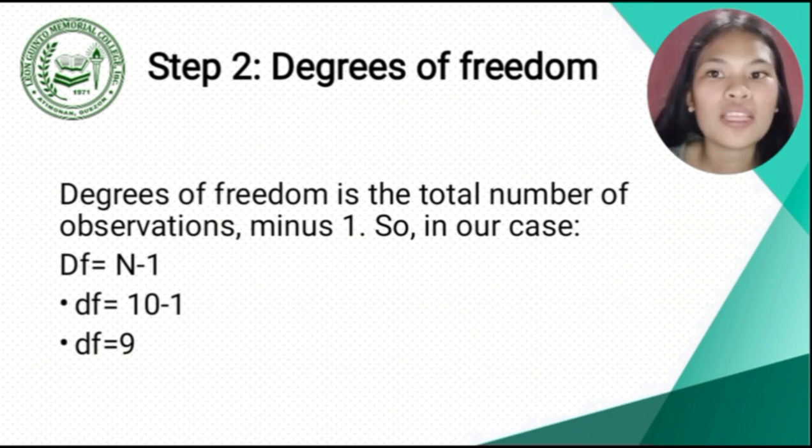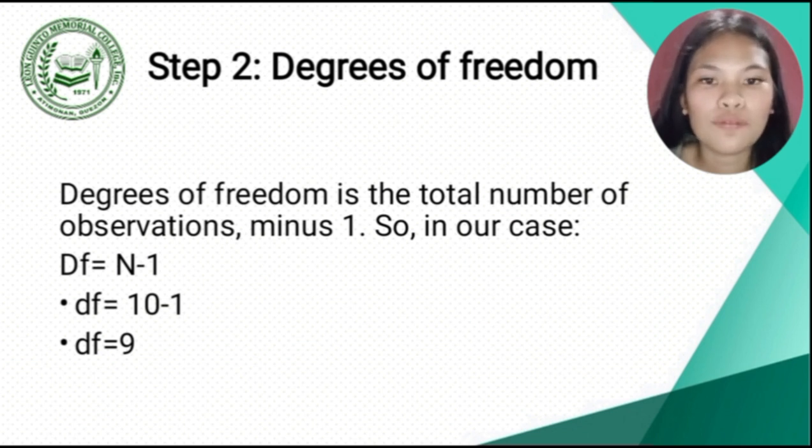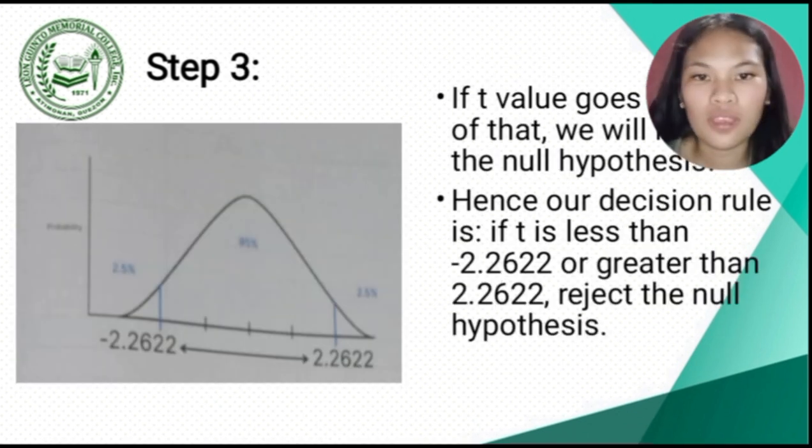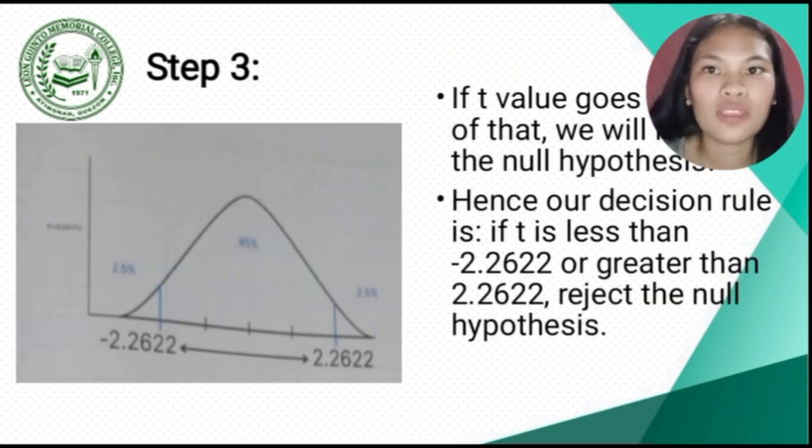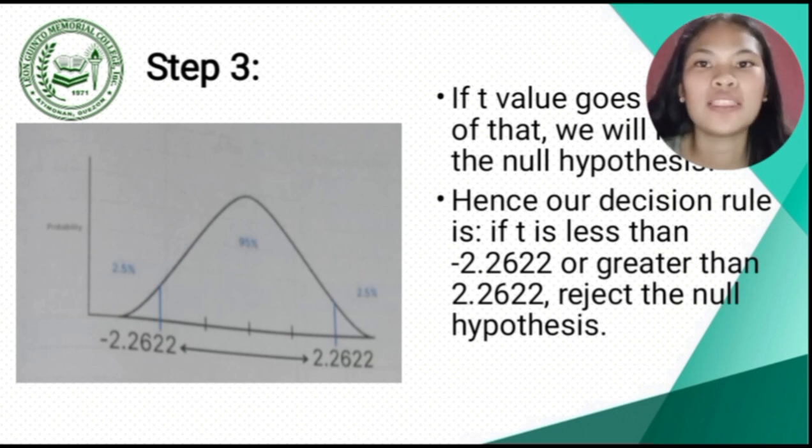So in our case, n is 10, which is the number of scores from the teacher, minus 1, so the degrees of freedom is equal to 9. We have a rule that if the t is less than negative 2.2622 or greater than 2.2622, we have to reject the null.